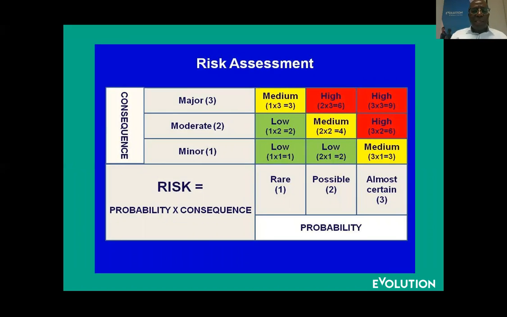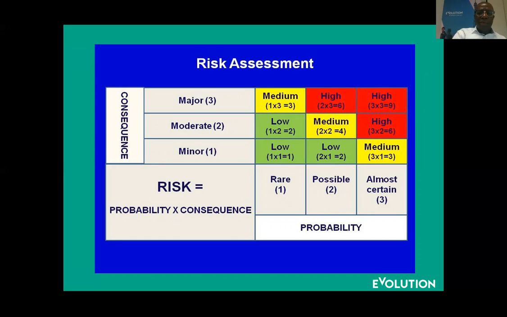Here again, you can use another matrix in a different format where your risk is equal to probability multiplied by consequence. So you take the numbers from the previous slide and say, well, I put this at number 3, for instance, if it's a major one, and you say, okay, these are the consequences. It's a major consequence, or it's moderate, or it's minor, and so the impact, high.